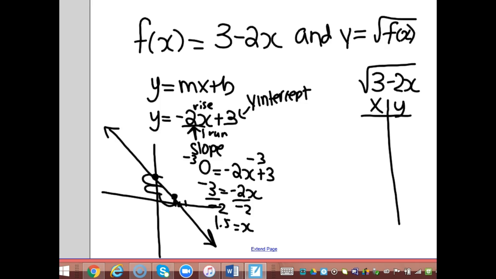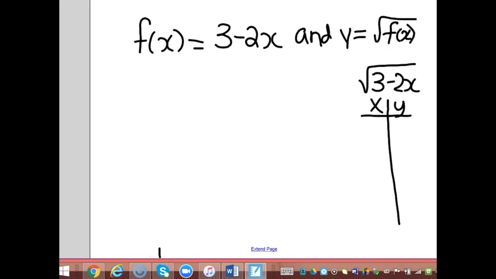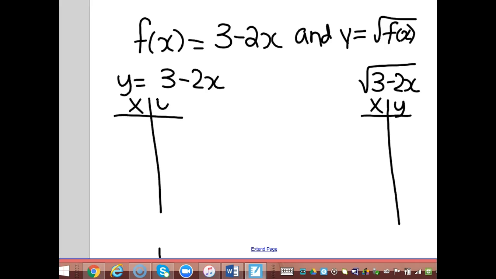We can graph our line like that, but it might be helpful in this situation if we use a table. So this is our equation, and if we create a table and we just choose x's and plug in for y, let's just say I'll choose some negatives, a 0, and we'll go from there.